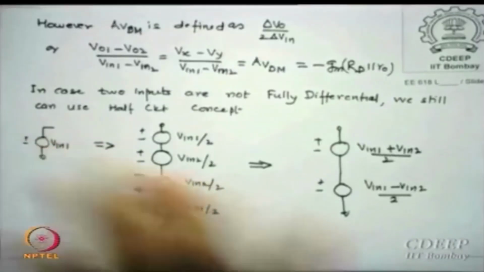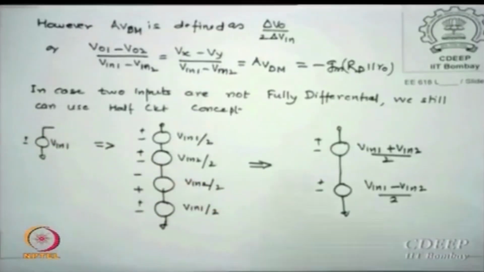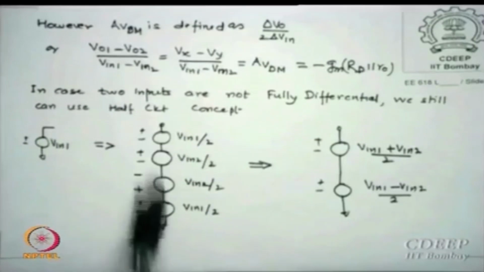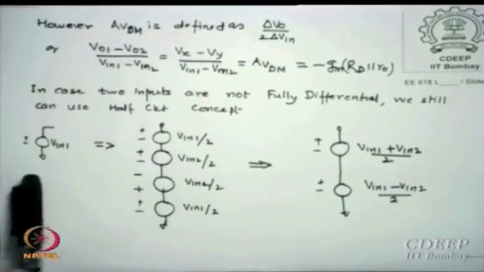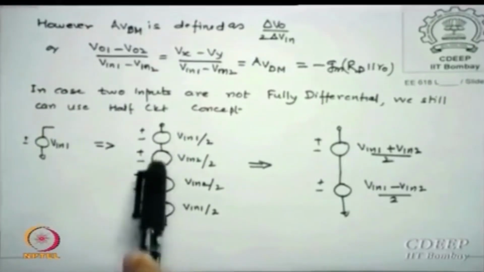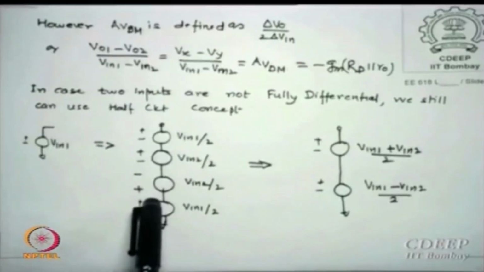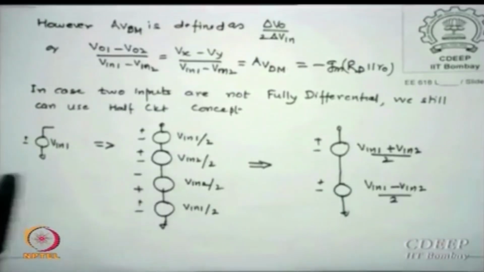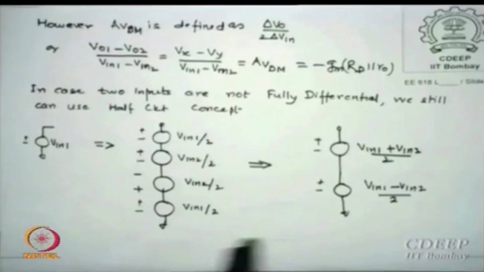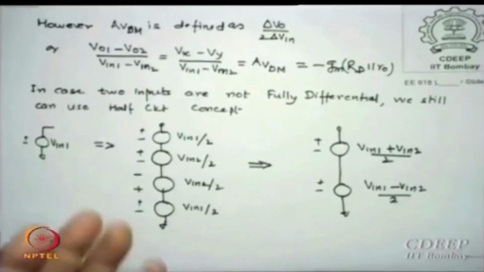So this is still Vn1, is that okay? Vn1 by 2, Vn1 by 2, they are in series, so Vn1. The Vn2 terms are opposite in polarity and equal, so they cancel. So this can be written as sources in series: Vn by 2 plus Vn by 2 minus Vn by 2 plus Vn by 2; keep doing this any number of times if you have this.